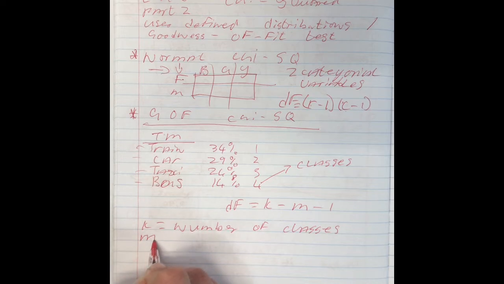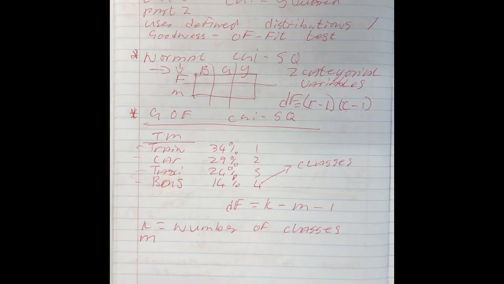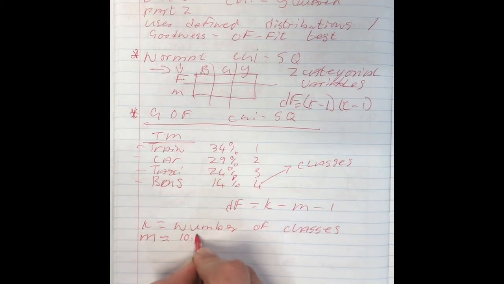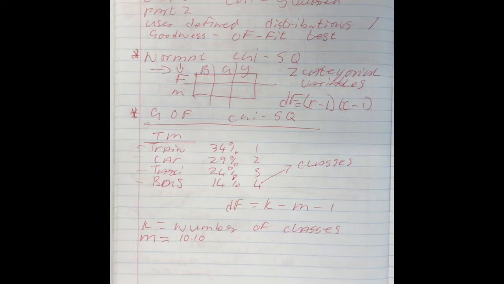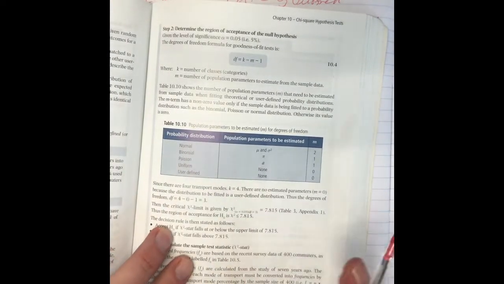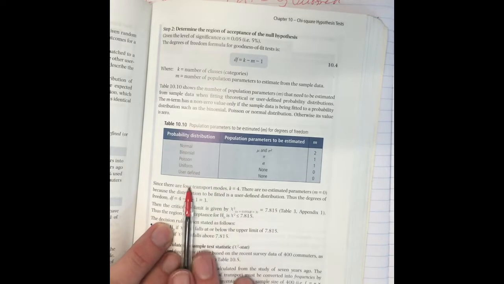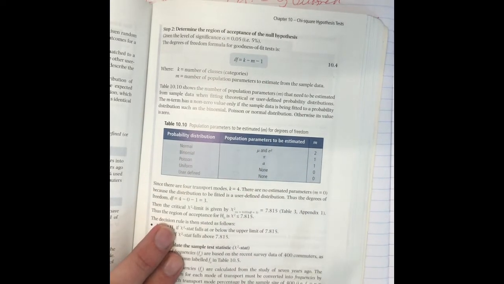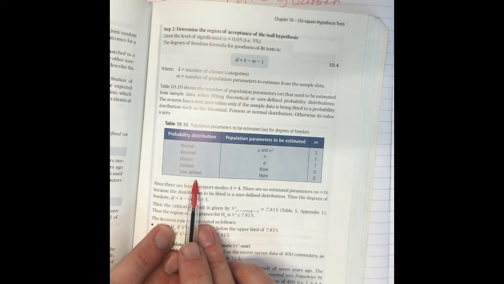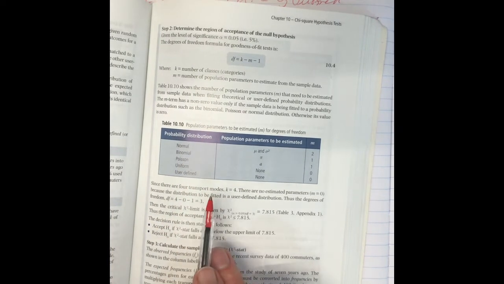And M is the number of estimated parameters, which you need to look at in table 10.10. If we look at that table, we will see that for the probability distributions that we work with, there are two kinds for this syllabus that we are interested in.